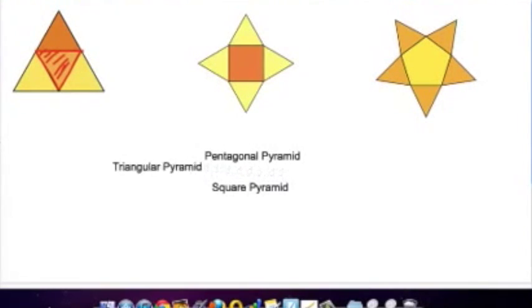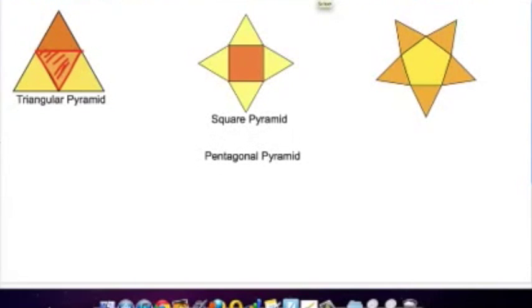So if you look at it in terms of a net, you could see where the base over here is a triangle. That makes it a triangular pyramid or a tetrahedron. Then we have the square pyramid over here in the middle, and then over on the right we have a pentagonal pyramid. Again, the base defines what type of pyramid it is, and they all meet at a common point at the vertex.